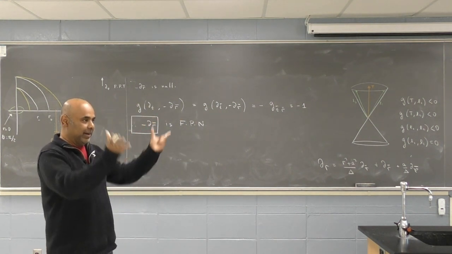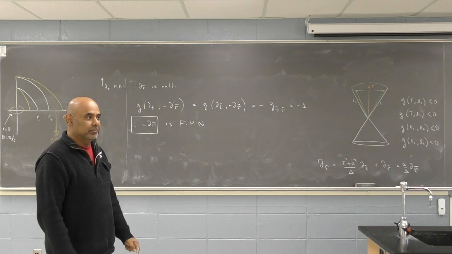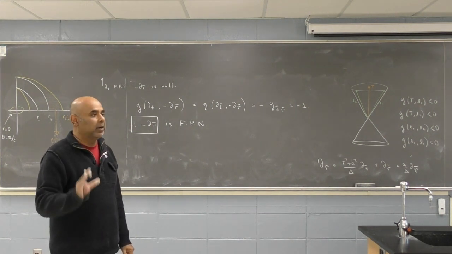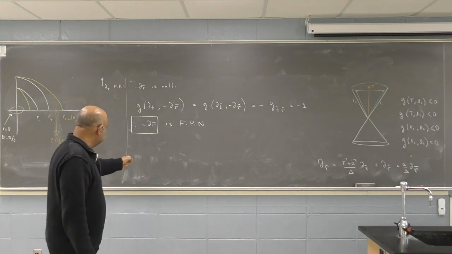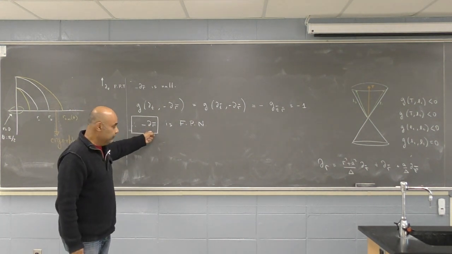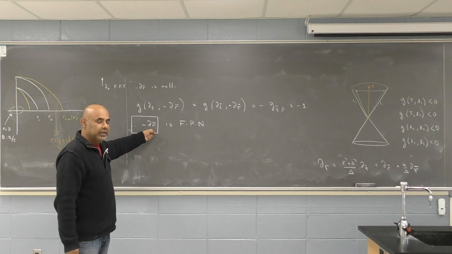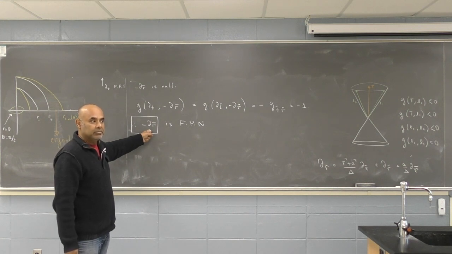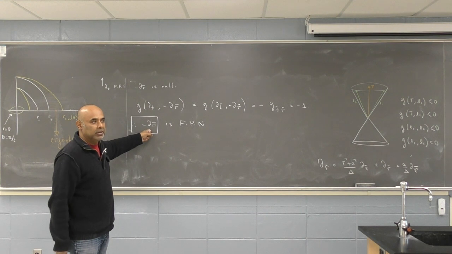L lies on the boundary of the light cone. Is that clear, everyone? That is how you pick out your future. So by declaring this to be future pointing null, I have now given a time orientation for the space-time k-bar. Time orientation or light cone orientation.